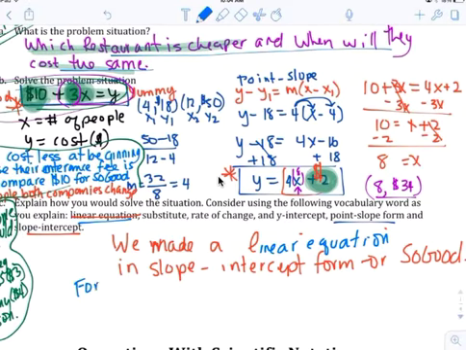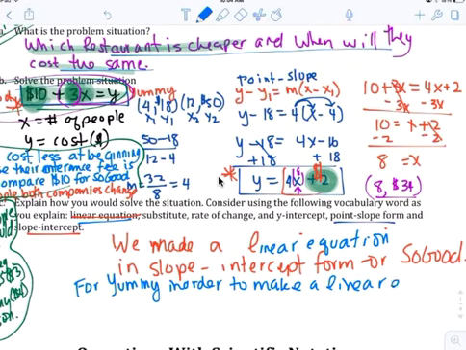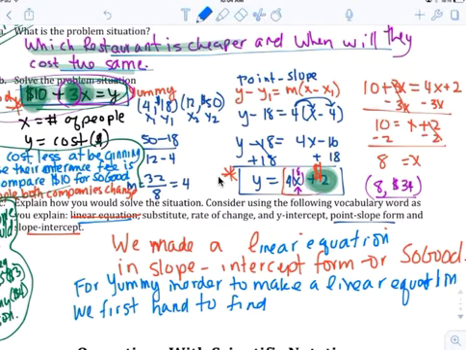For Yummy, in order to make a linear equation, we first had to find the rate of change to find the slope. Same thing.